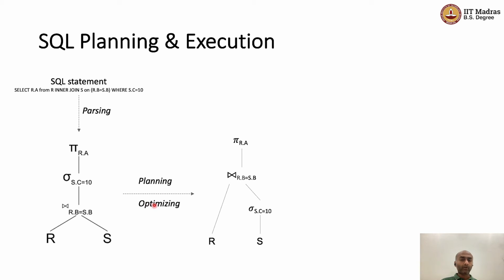Okay, so what could be, for instance, one interesting optimization that we could do here? It comes down to the ability to look at the relations and the relational operators which are present here.